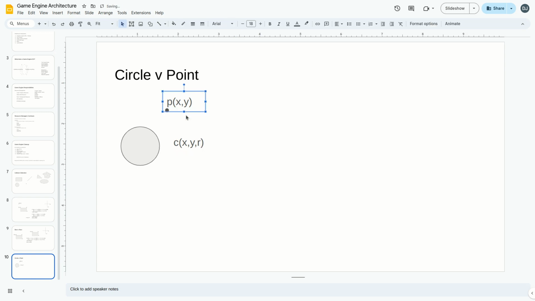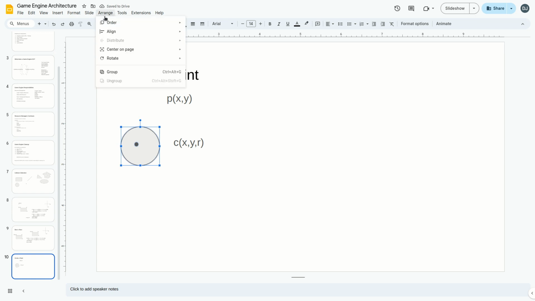Can I grab it? It's hard to grab it if that's small. Just move it physically. And now I'm going to arrange and align, center, arrange, align, middle. Cool.